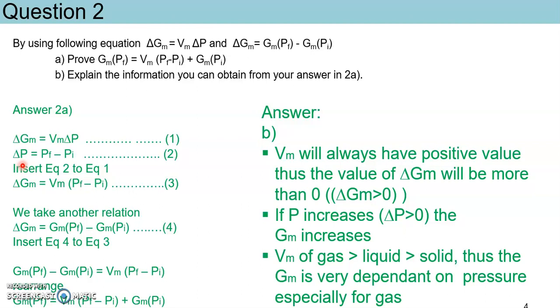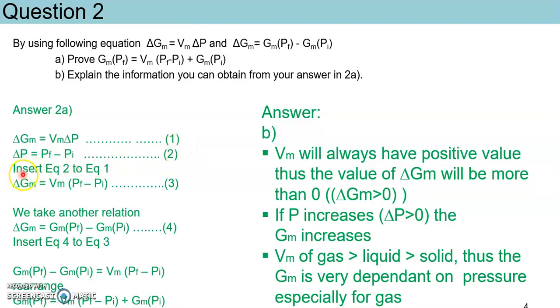You can label it as P2 minus P1 or P3 minus P2. It depends on you, but because our question asks us Pf minus Pi, try to have a look at what our equation wants us to do. So we stick at this definition, final pressure minus initial pressure, and we label it equation 2.